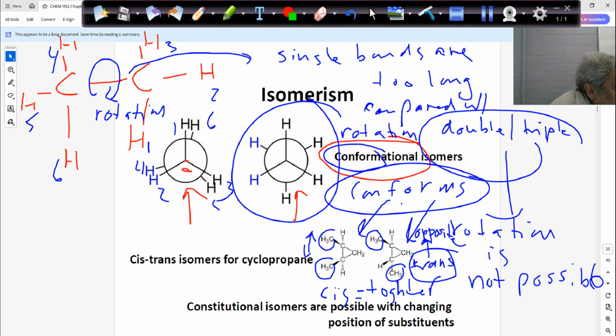So their name is rotational isomers too. You'll find them in the literature with the name conformers or rotational or spinning isomers. So they spin, they can rotate. But the cyclic cannot do that. You'll break the structure of the molecule. Double bond cannot do that.